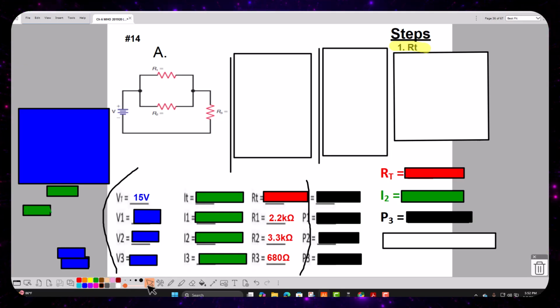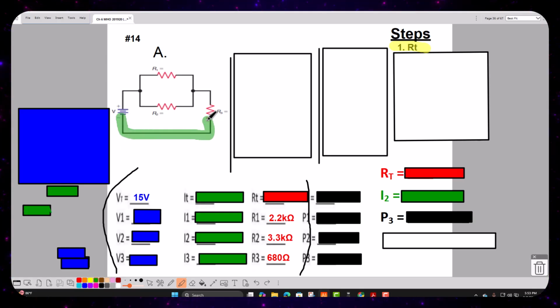So trying to find RT, the first thing I see is that R1 and R2 are actually in parallel with each other. Remember that the definition of a series circuit is there's only one pathway for current to flow through.